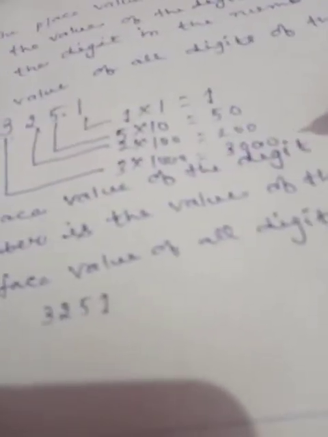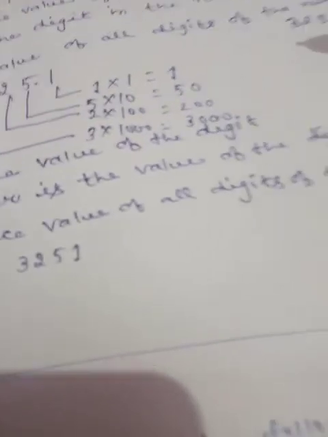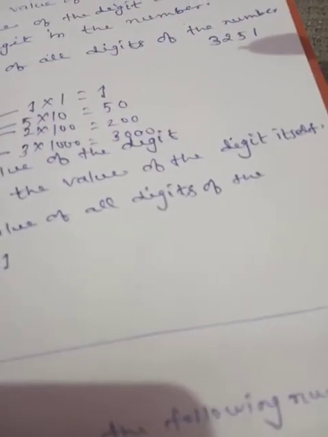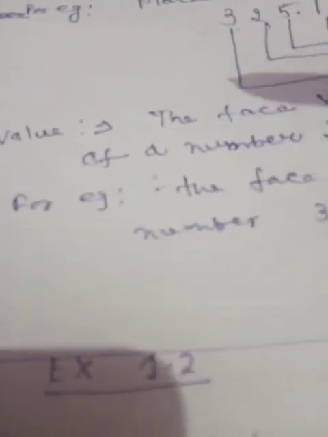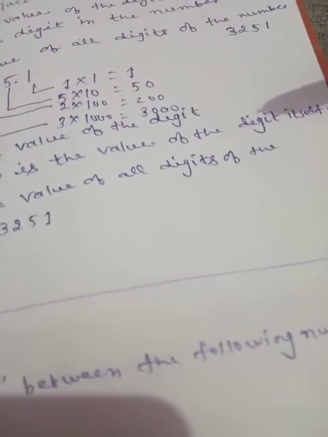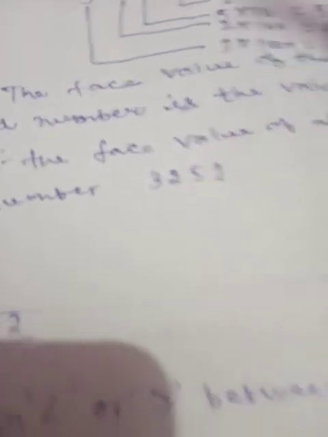Now the next point to be discussed is face value. The face value of a digit of a number is the value of the digit itself. Now we have to find the face value of all digits of the number 3251.